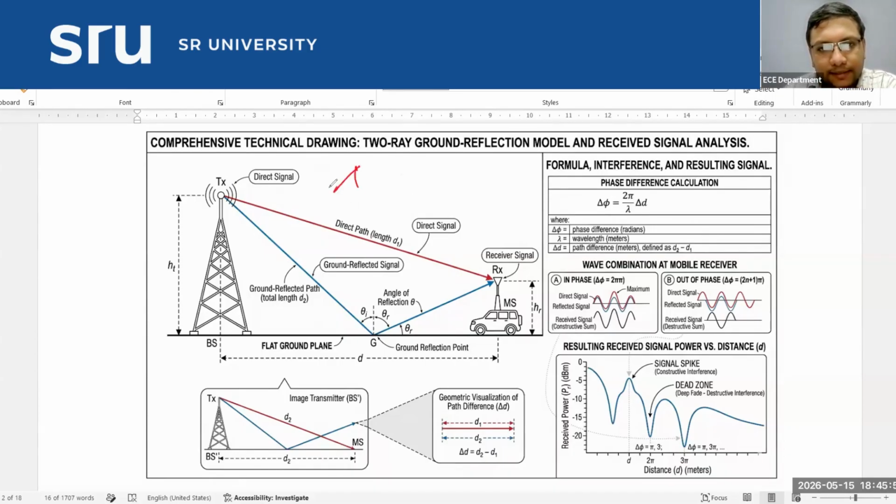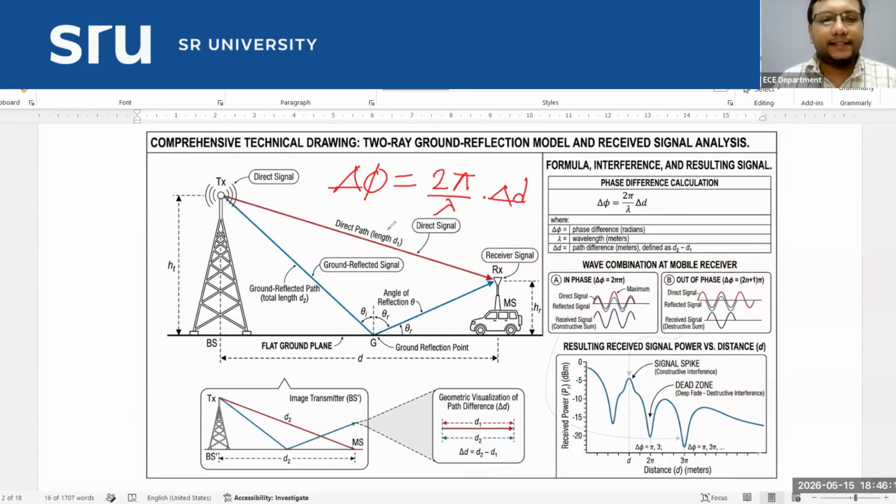So phase difference, delta phi, is equal to 2 pi by lambda into path difference. This is a standard formula that we know since our school days.